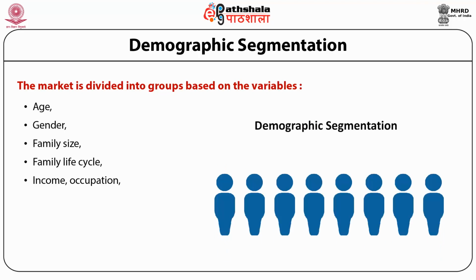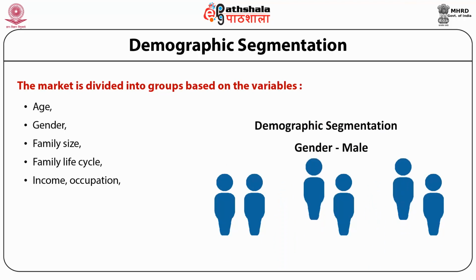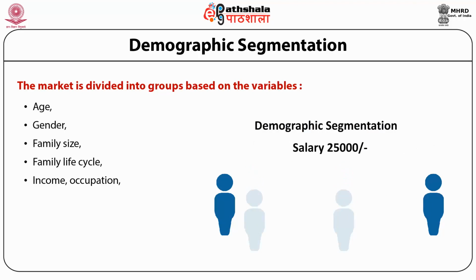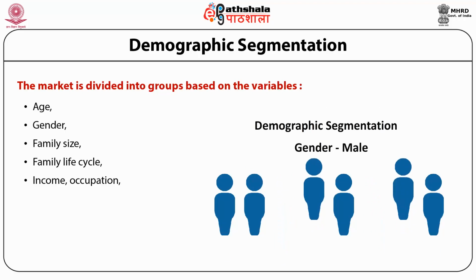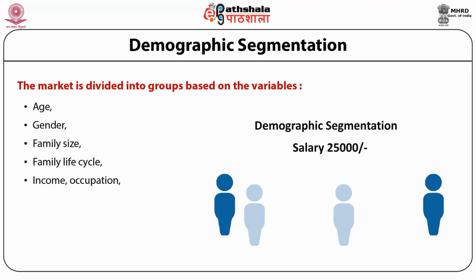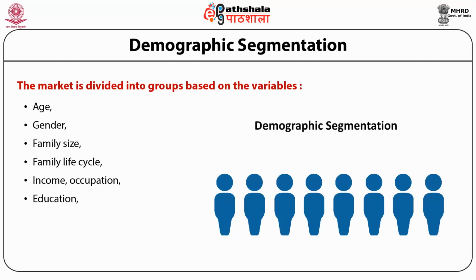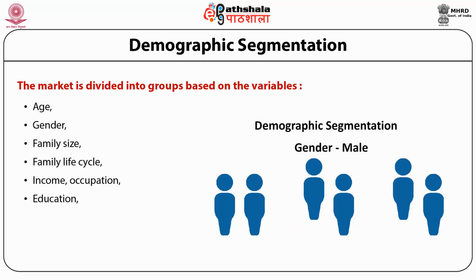All these occupational groups differ in their tastes and likings, and accordingly they are catered to by the manufacturing houses. Like education, qualification may also be a basis of market segmentation.